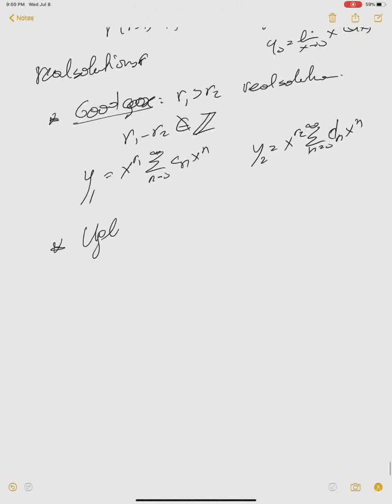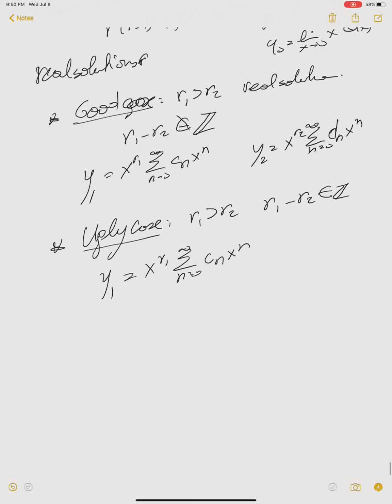The ugly case is when r1 larger than r2, but r1 minus r2 is in Z. Then the larger index always gives me a Frobenius solution. But I don't know about the smaller index.